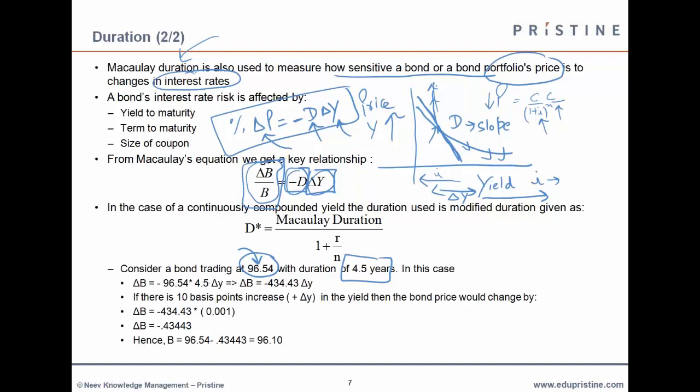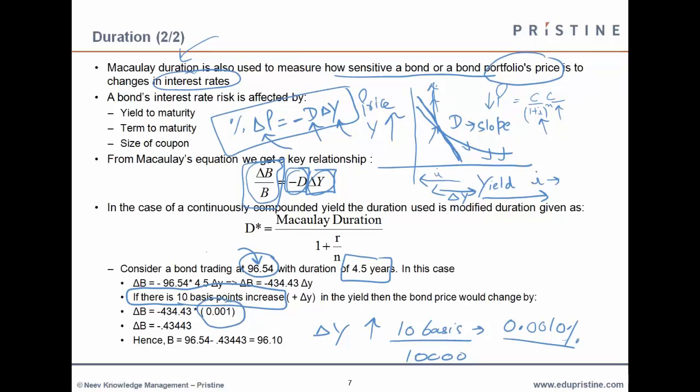In that case, if the RBI or the Fed says that there is a 10 basis point increase in the market yield, the finance manager of your country says there is a change in the interest rate by 10 basis points. 10 basis points is 0.0010 when you divide by 10,000 to get the percentage. So your delta y is this number, 0.001.